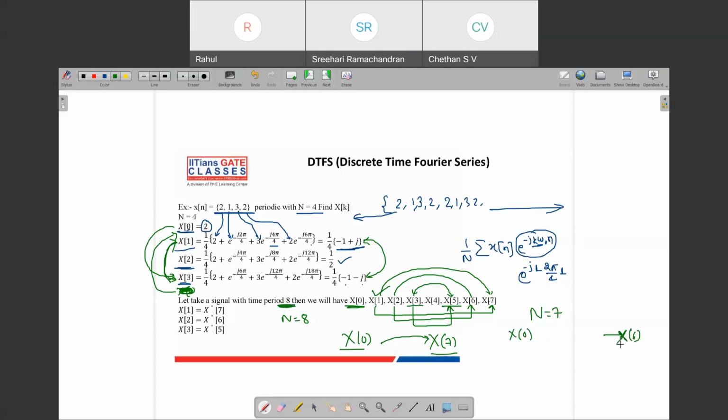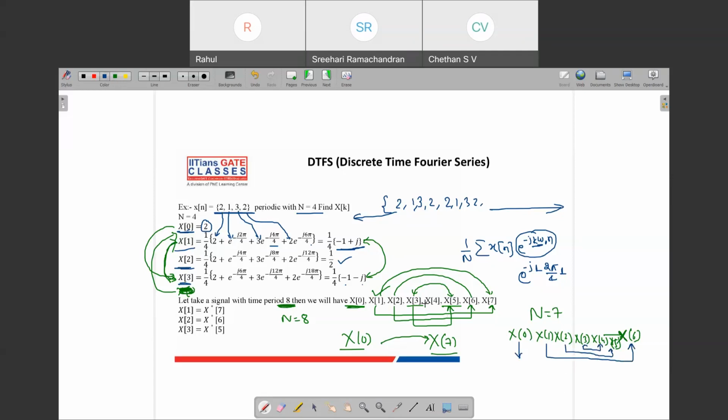Now in this case, let's say we have x of 1, x of 2, x of 3, x of 4 and x of 5. Again, in this case, x of 0 will be given as the summation of all x of n divided by 7. Now, in this case, x of 1 will have complex conjugate x of 6, x of 2 will have x of 5, and x of 3 will have x of 4.